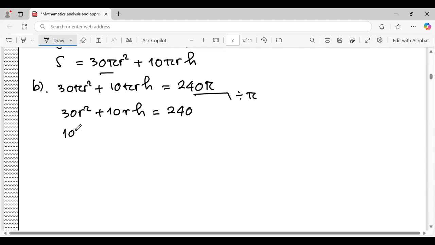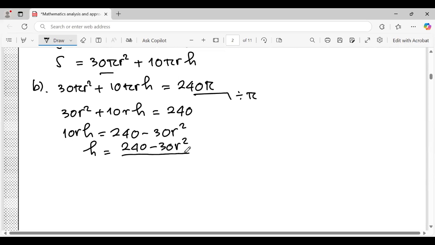So 10 r h equals 240 minus 30 r squared, so h equals 240 minus 30 r squared divided by 10 r, or h equals 24 minus 3 r squared over r. That's 1.